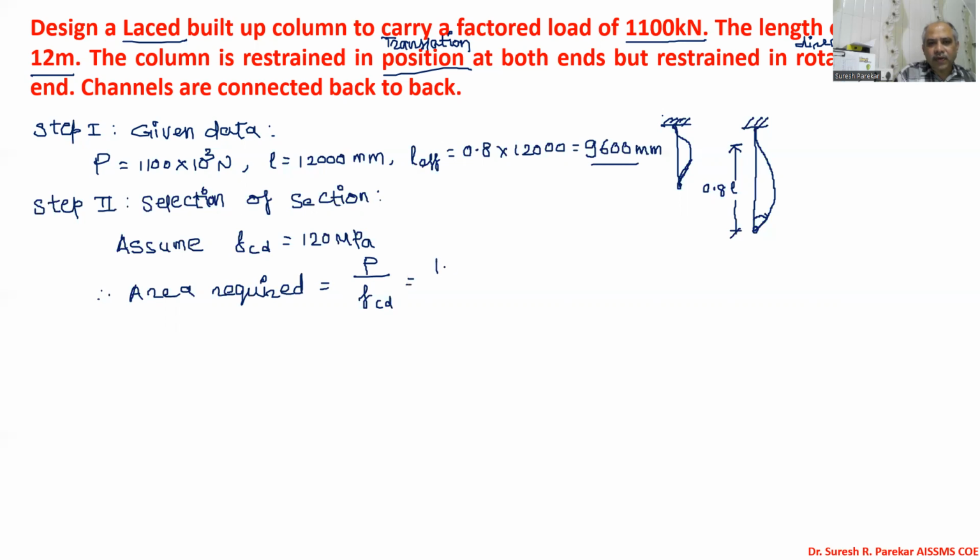Now P we have 1100 into 10 raised to 3 divided by 120, and we will get this value, that is 9166.67 mm square.